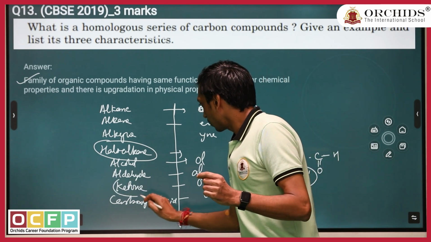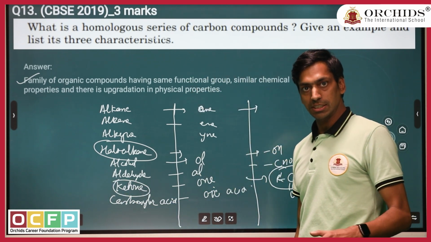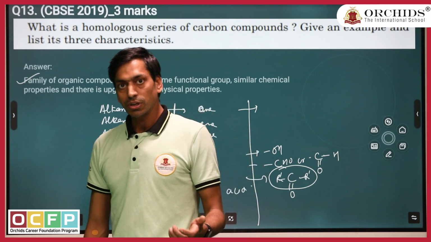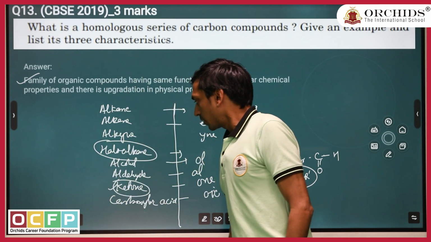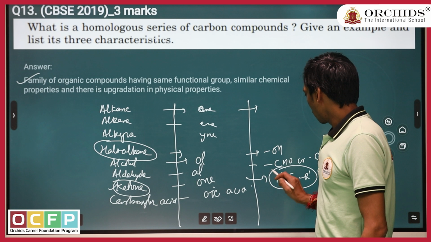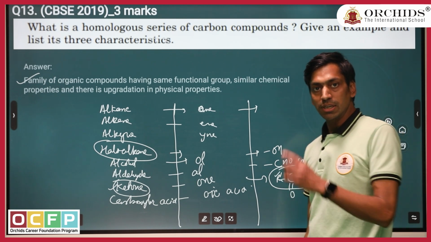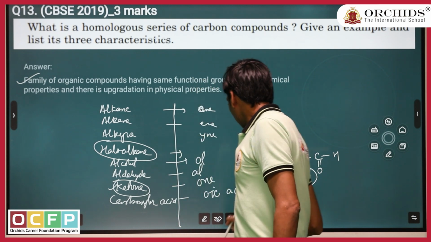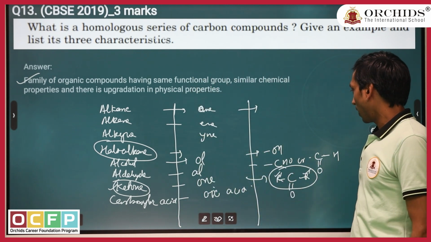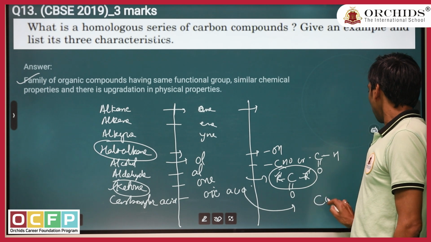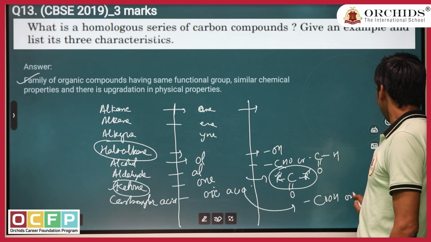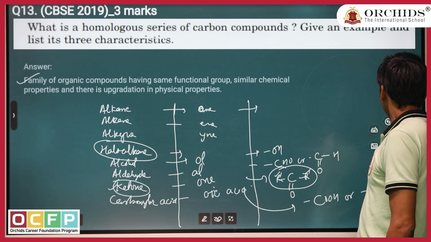That is the reason the first member of the ketone series is propanone. So methanone and ethanone do not exist for the ketone series. The first member is propanone, because at least one carbon atom should be there at the ends of the ketone functional group, that is C double bond O, with R. The oic acid functional group is COOH, which can be written as C double bond O, OH.